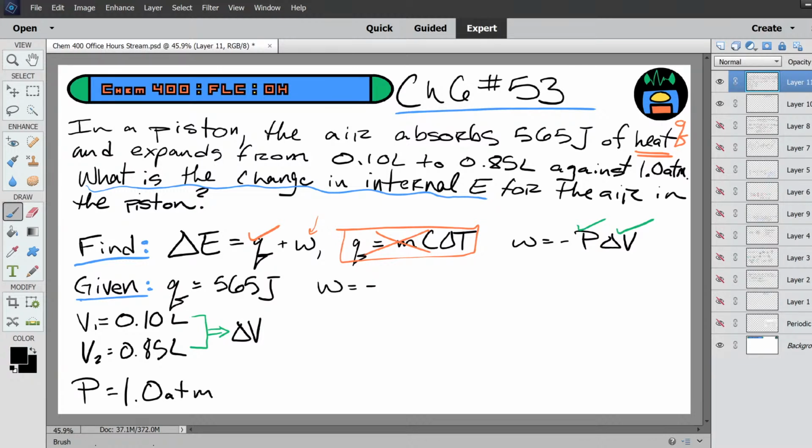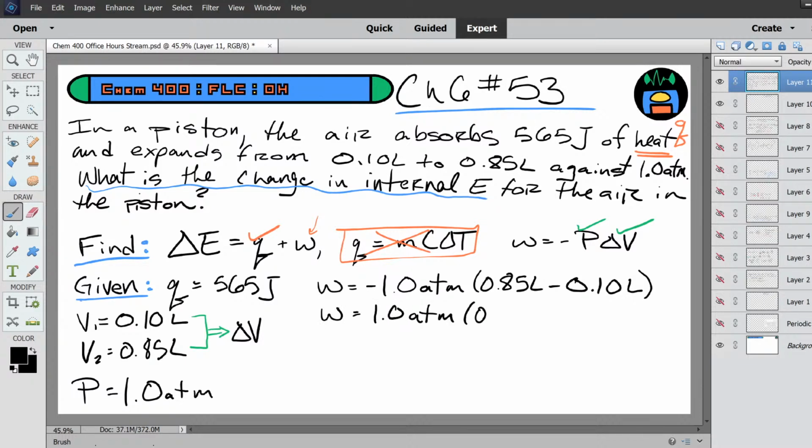Work is equal to -1 times our atmospheres times our change in volume, which is final 0.85 liters minus initial 0.10 liters. So work is equal to 1.0 atmospheres times, if you punch this into your calculator, the difference is 0.75 liters, and you'll notice that the last sig fig in each of these numbers is in the second decimal place.